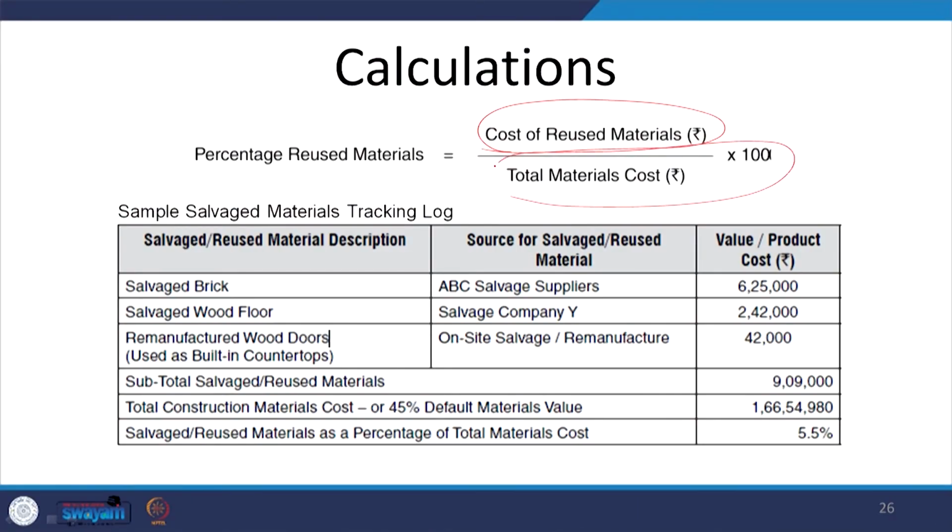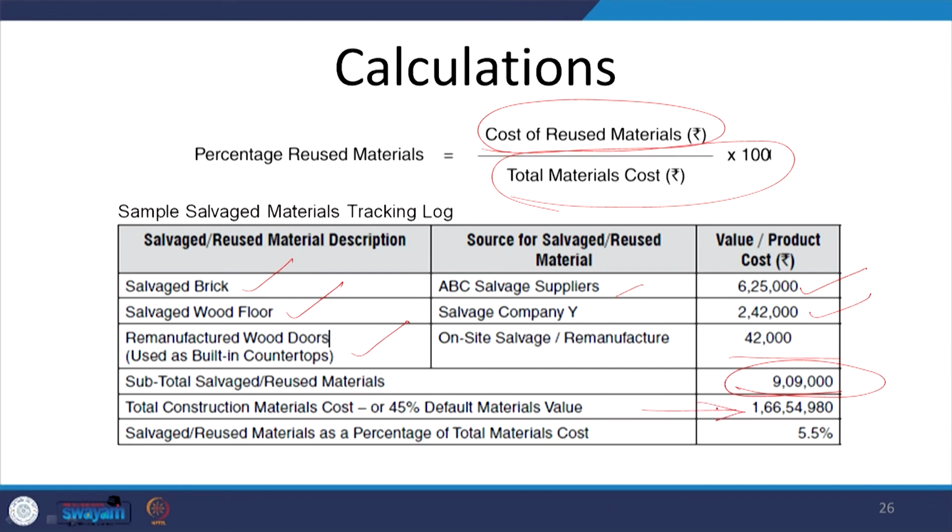So, when we are showing the calculations, we are talking about the total cost of reused materials as a percentage of the total materials cost, and this should be at least 5%. So, here salvaged brick which has been procured and the total cost of it, salvaged wood floor, the total cost of it, remanufactured wood doors, the total cost, and the total cost of all the reused material here.